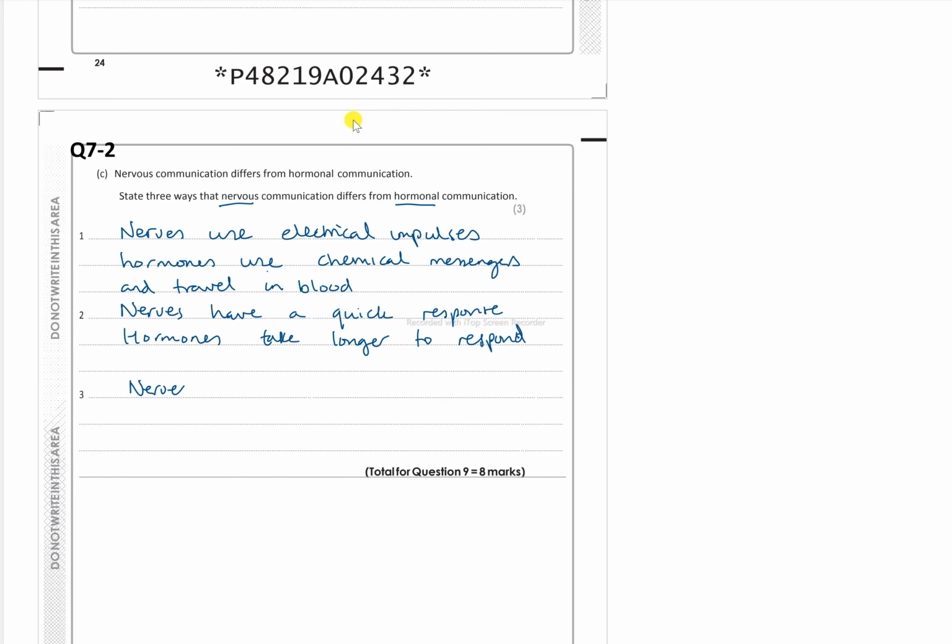The nerves target specific cells or areas or organs, whilst hormones travel all over the body via the bloodstream.